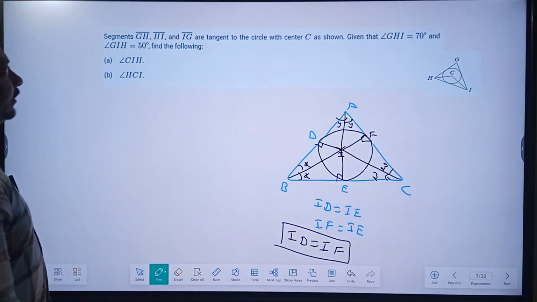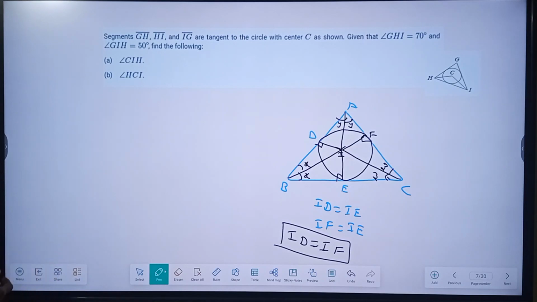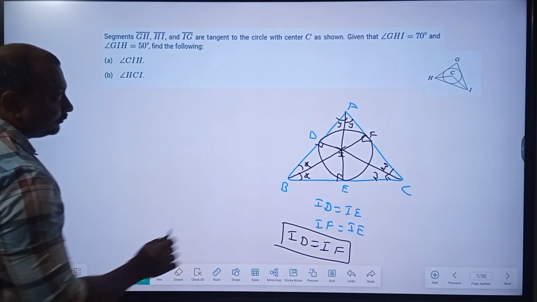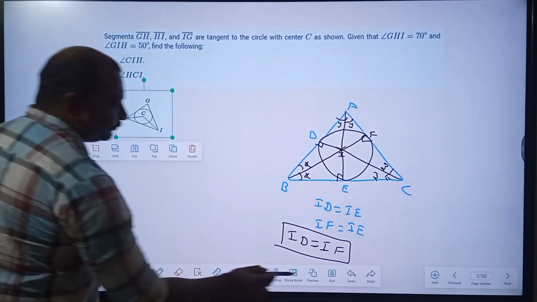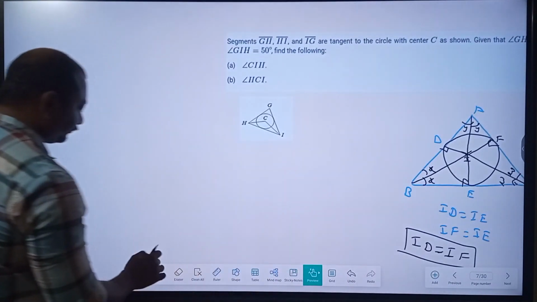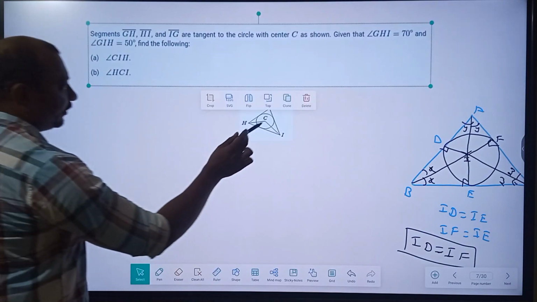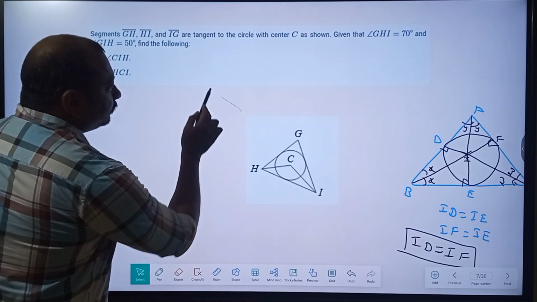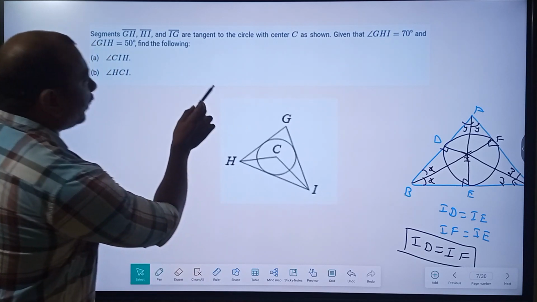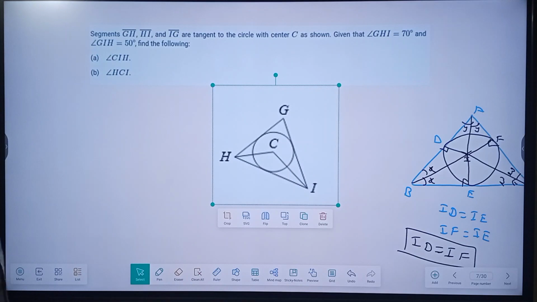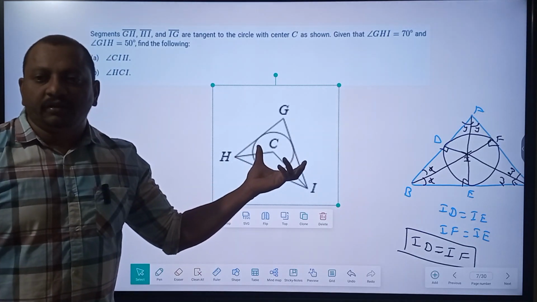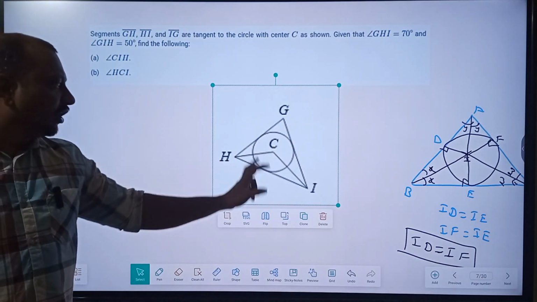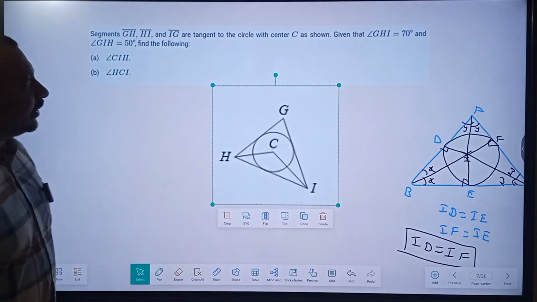Okay, clear? Right. The segments GH, GI and IG are tangent to the circle with center C. So the corresponding circle is the incircle and the center C is the incenter, which is equidistant from all sides of the triangle, as shown.